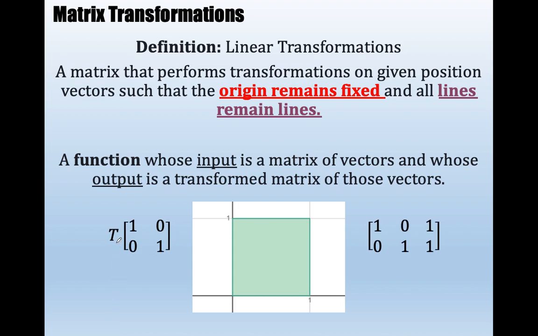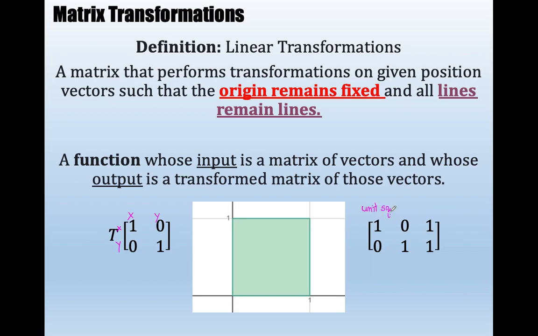So here's what I'm going to call my transformation matrix, and maybe you recognize it. These are the x's, this is the y column. So here's my transformation matrix, x column, y column. I want to apply this transformation matrix to the unit square matrix.